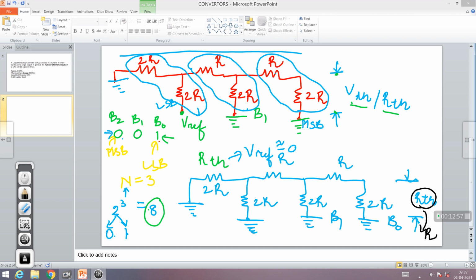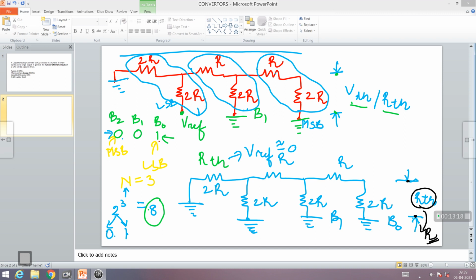So the purpose of explaining the first circuit, that is a combination of this R and 2R network, to find the effective resistance at these 2 points, is that the same concept is to be applied over here. And the procedure will remain the same, and the answer also will come out to be the same.